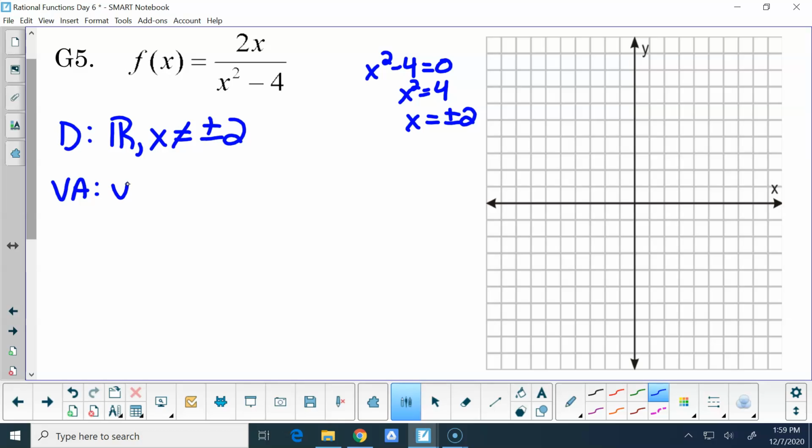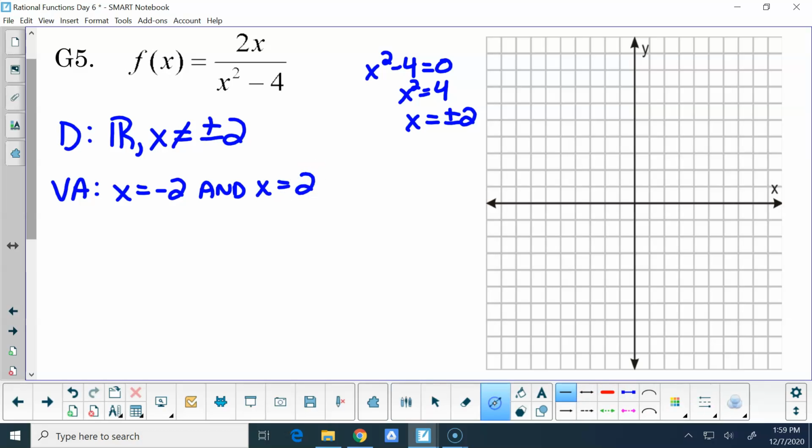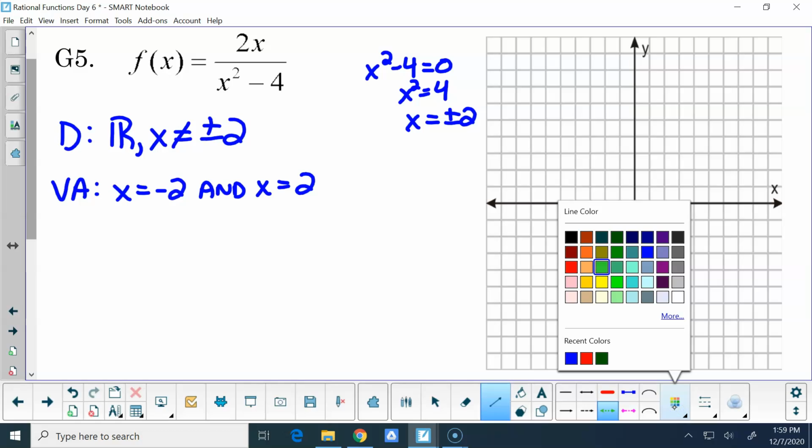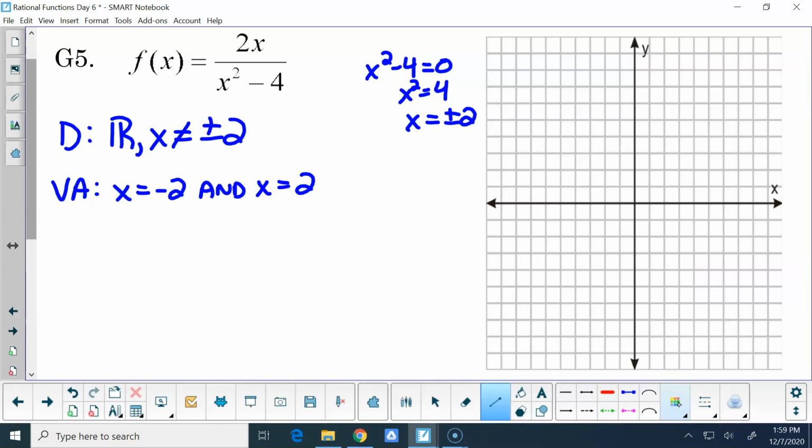Oops, tap the brakes on this, wrote v again. First one is at x equals negative 2. Second one is at x equals positive 2. Those are vertical asymptotes, so they go on our graph using a vertical dashed line.